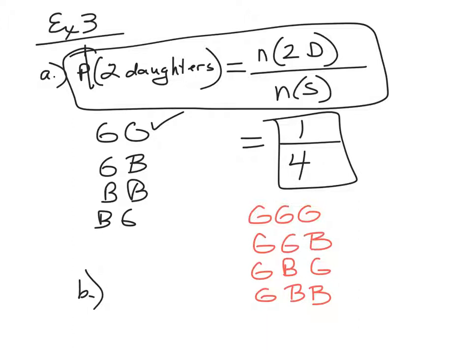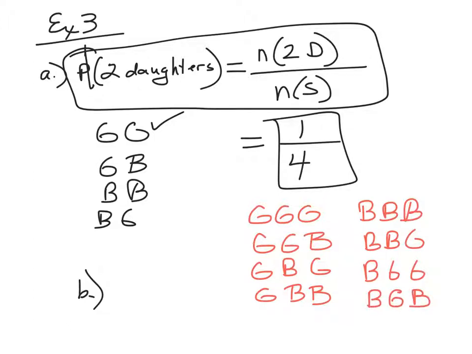Now that'd be it, having a girl first. If I have a boy first, I could have boy, boy, boy, or boy, boy, girl, or boy, girl, girl, or boy, girl, boy. So did you get 8 items in your sample space?